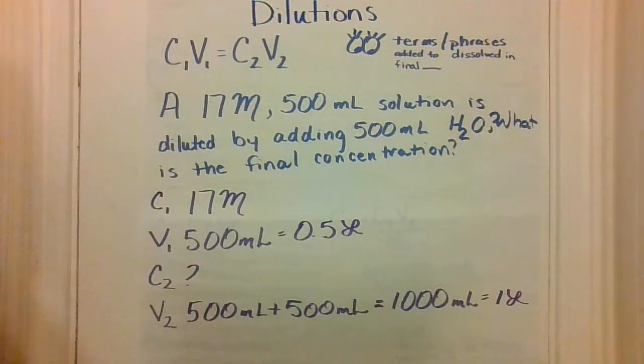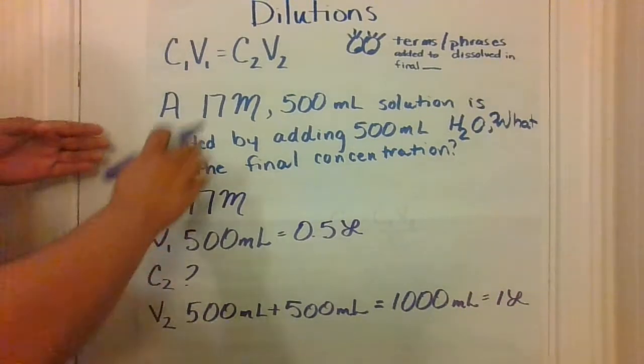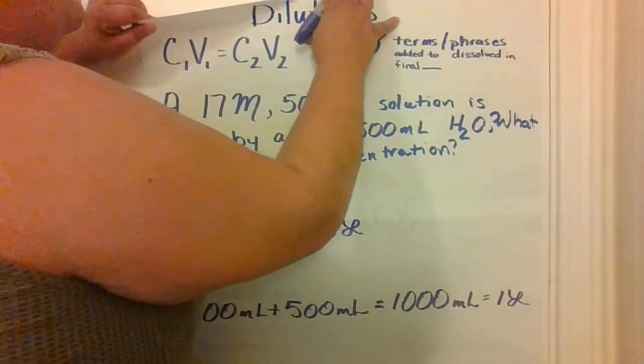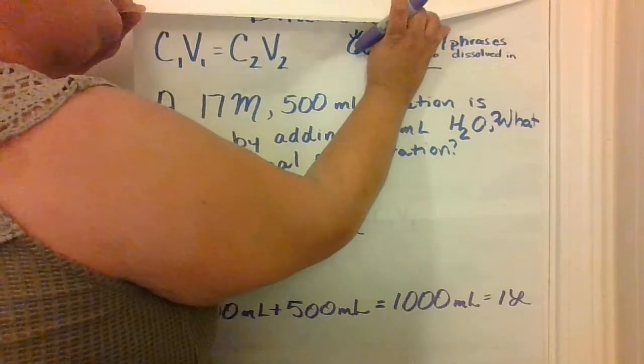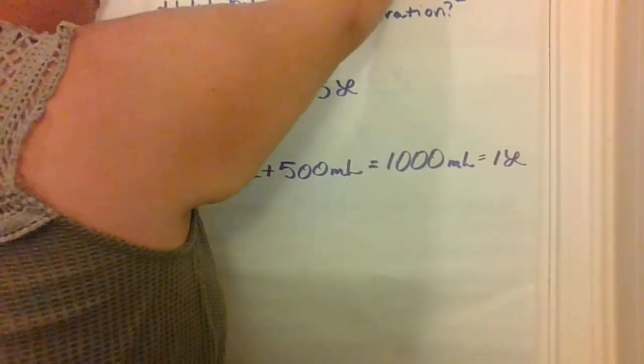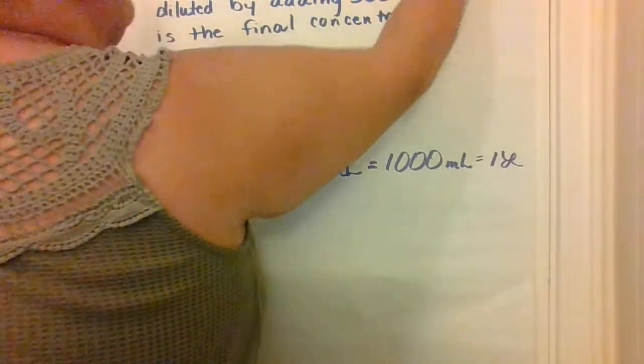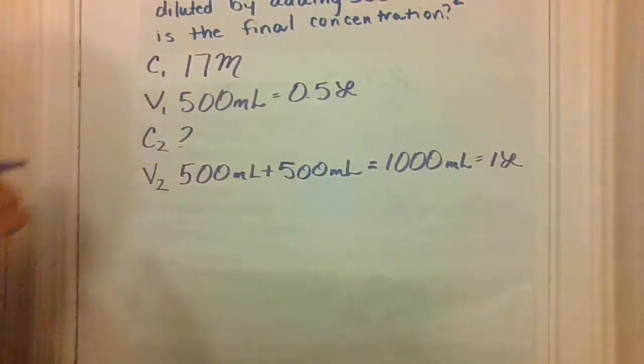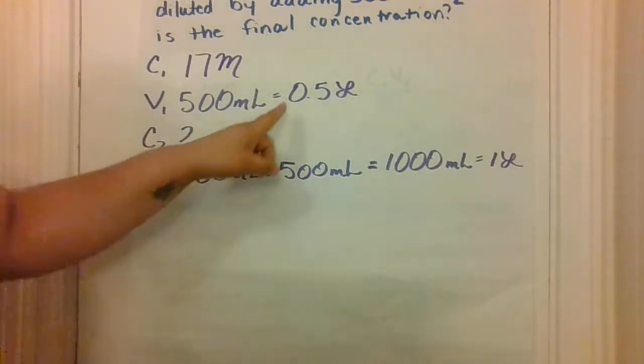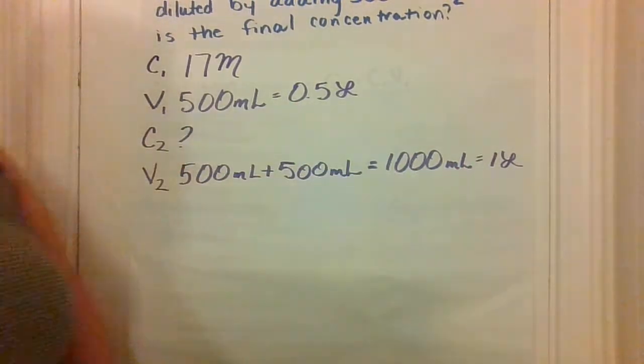But please do yourselves the favor and get plenty of practice with your dimensional analysis conversions. Okay? But as long as your units match, you are able to work these dilution problems. So we could have worked them in milliliters, but for the sake of time and space, I went ahead and converted them for us.